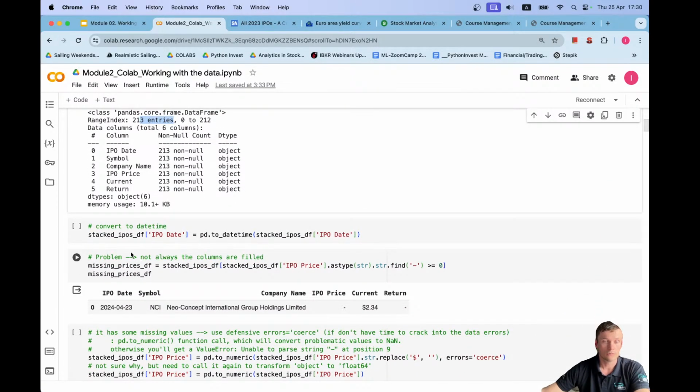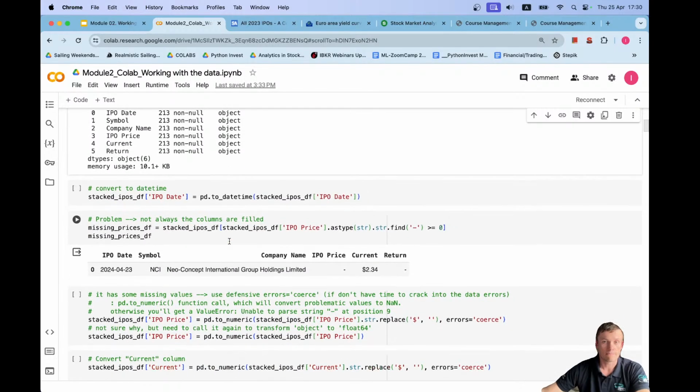What do we want to do next? We start to convert field by field to the known types. And first thing is IPO date. We convert to datetime.